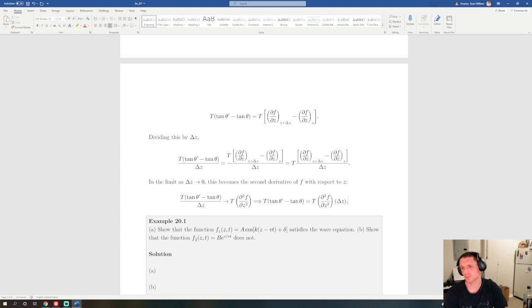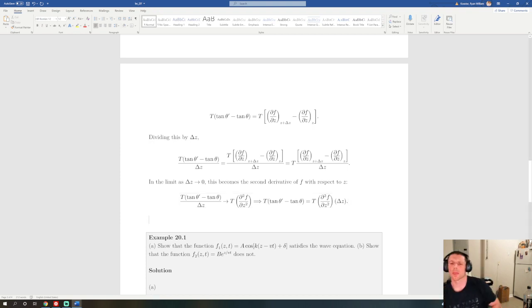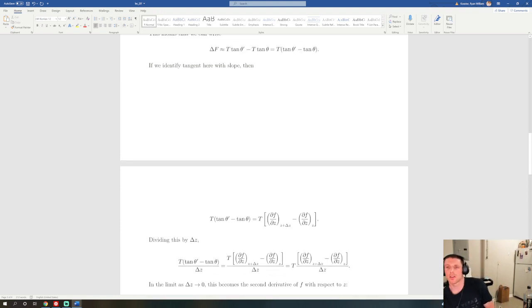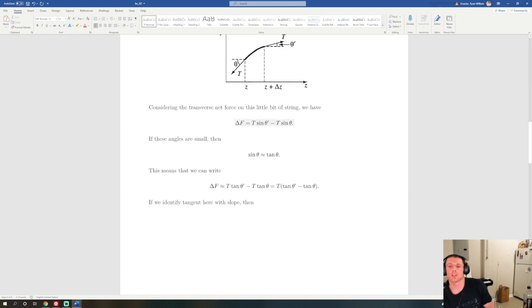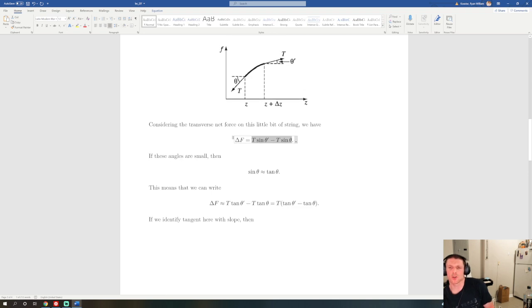Okay. Now, remember that when we started, this was what we started with, and we were saying, well, this is essentially the net force in the transverse direction, right? Along the direction of f here.